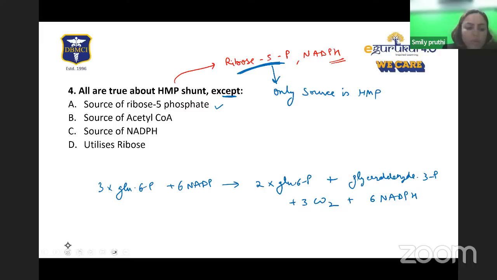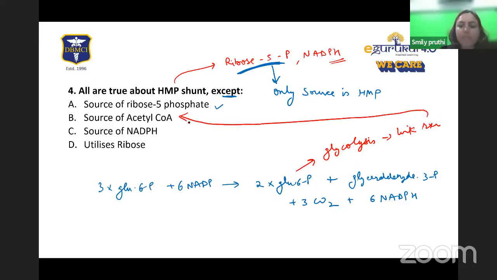So when we get glucose 6-phosphate, it will enter into glycolysis, will go into link reaction, and via link reaction, it will produce acetyl-CoA. So indirectly, it can form acetyl-CoA. Okay, so this can also be considered correct.